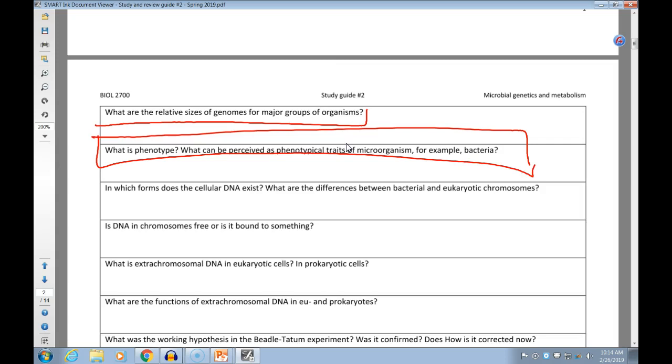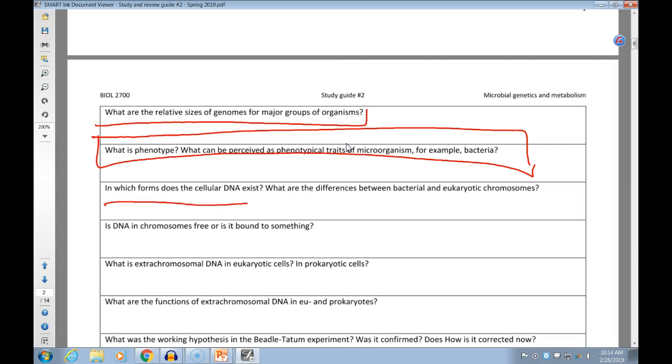So if I tell you the presence of the gene, the word gene should immediately tell you that's not phenotype, that's genotype. I tell you bacteria has flagellum or is resistant to antibiotics or grows best at, I don't know, 45 degrees Celsius. That's all phenotypical traits. Am I clear? It's observable traits. Okay.